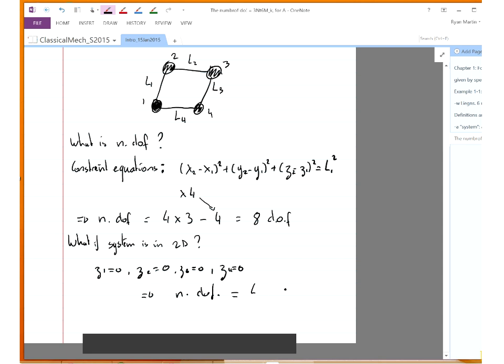So again, 4. Some of this can be done by just intuition, how many degrees of freedom, but it can always be done formally by counting the constraint equations that you get from each thing.